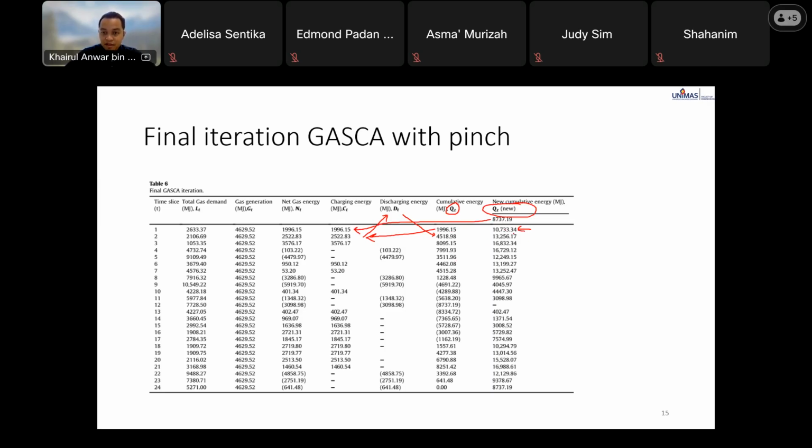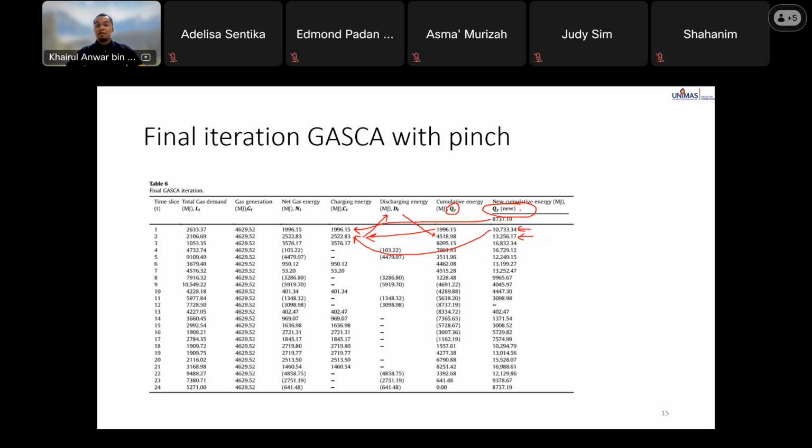How about 10733 here? 10733 plus this value. Then you get 10733.34 plus 2522.83, 13256.17.